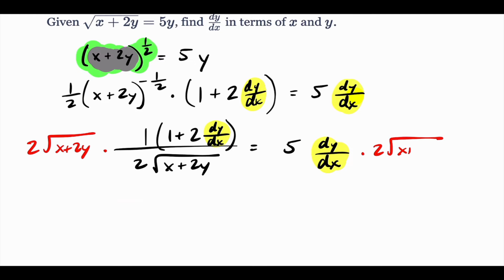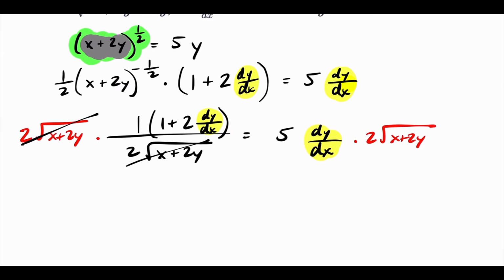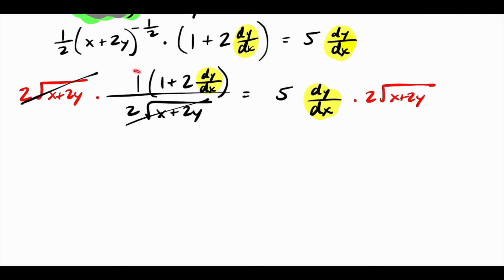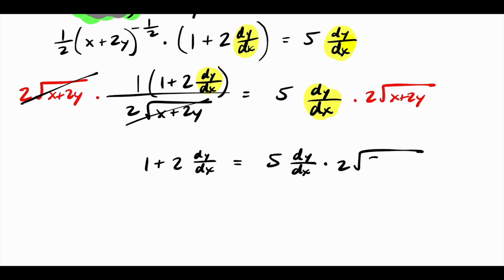Multiply. Right? That goes away. That goes away. We don't really need that 1 in front. This 1 up here, we don't really need it, so I'm not going to write it anymore. So we have 1 plus 2 dy dx. No more over. Oops, not 2x. X plus 2y.